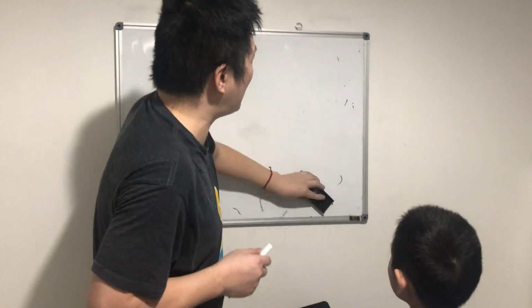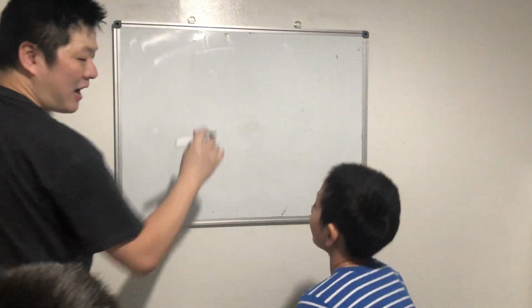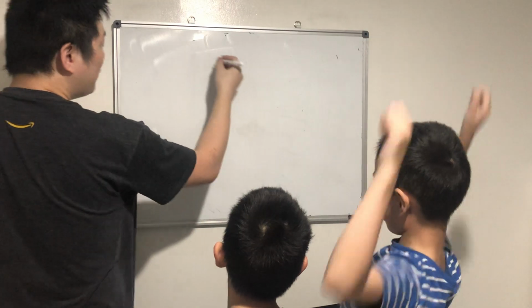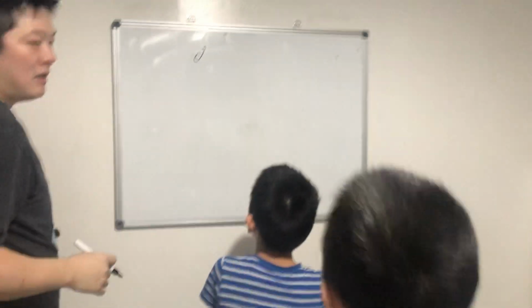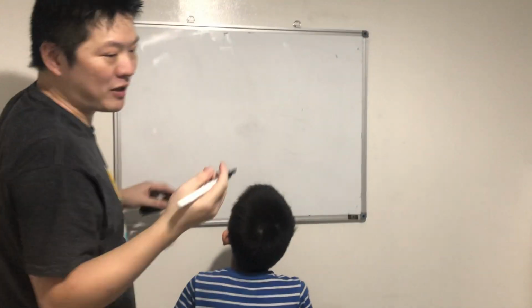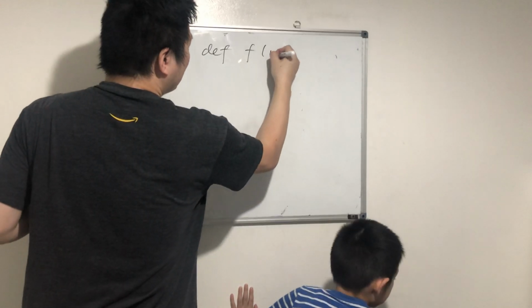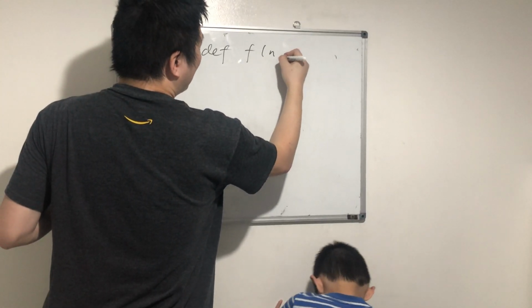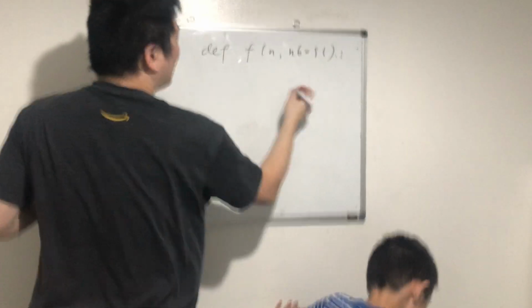So can you write the Fibonacci number? Okay, I'll write it one more time. Dynamic programming, you can write it this way: define Fn. Let's write the notebook version.